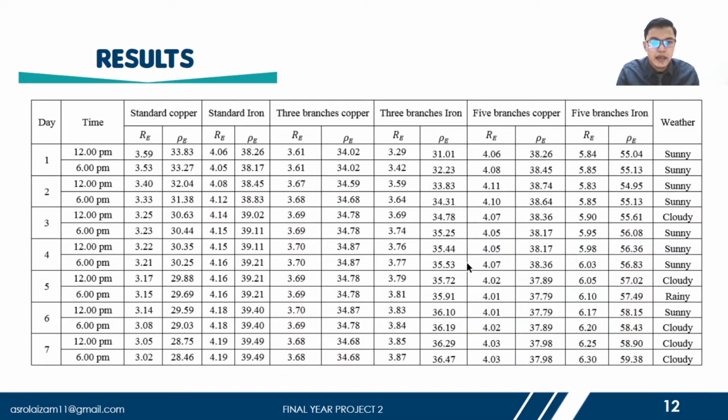I collected data for 7 days, 2 times a day, at 12 p.m. and 6 p.m. I measured the indicated resistance value on the megameter, and then the soil resistivity for each road is calculated using the formula. I also recorded the weather during the data taking.